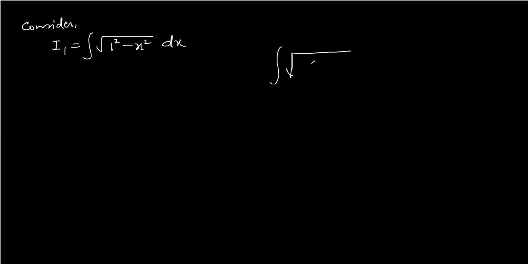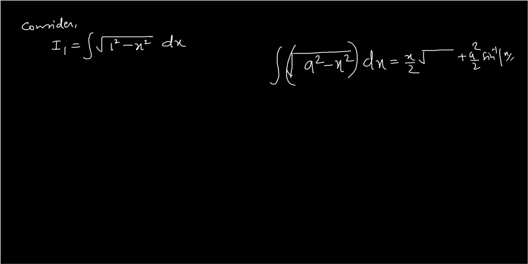You remember what integral square root of a square minus x square dx was? We are going to apply it here because it is in the same form: square root of constant square minus variable square. It was x by 2, the square root as it is, plus a square by 2 sine inverse of x by a plus c. So I'm going to apply this here. We had recently done it.